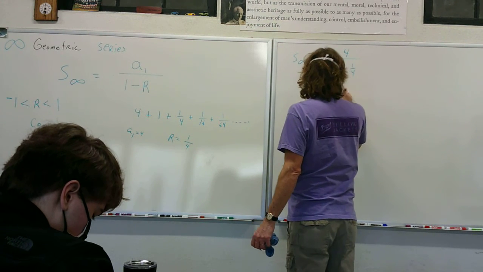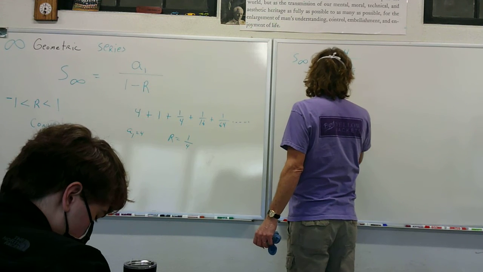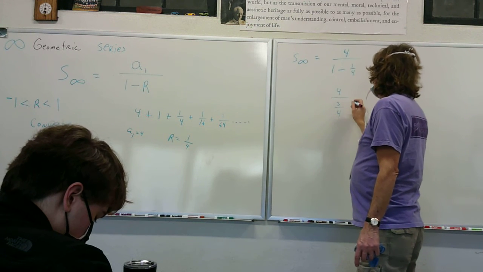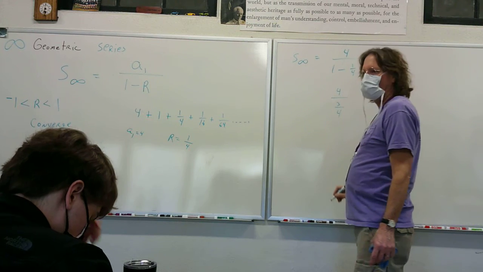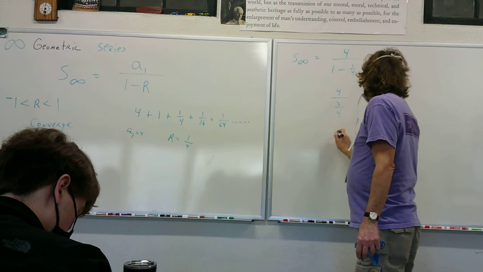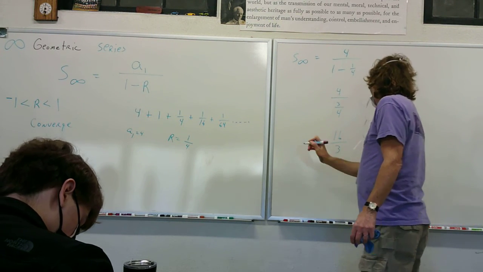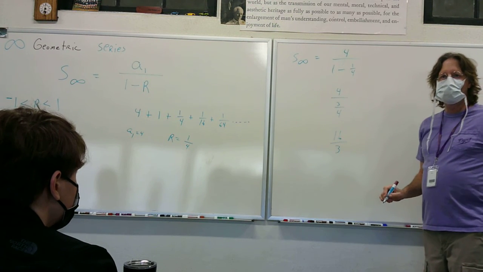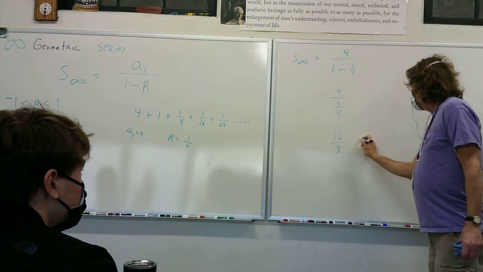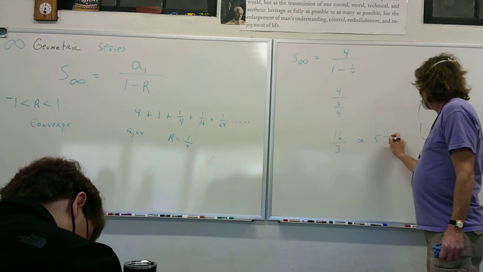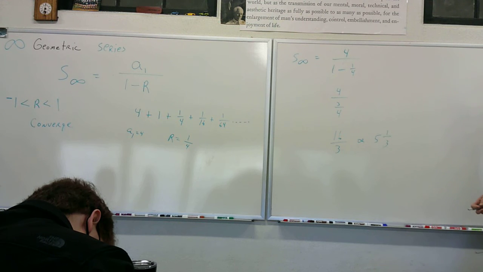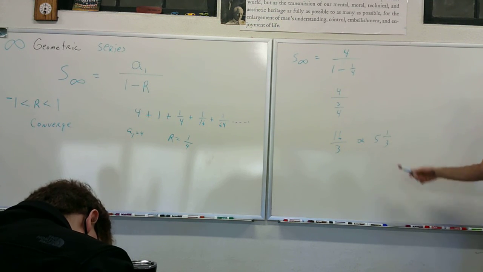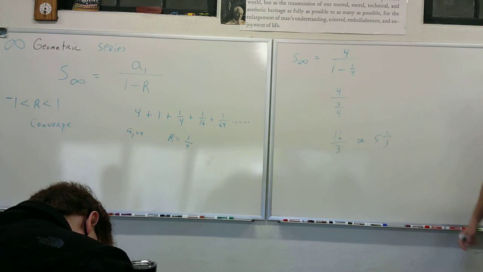So it's 4 over 3/4, and then take the reciprocal of the 3/4 and multiply by the 4, and you get 16 thirds, which is 5 and 1/3. I'd prefer for you to leave it 16 thirds, but I don't mind if you write it as a mixed number, because 5 1/3 gives you a little bit better idea of what's going on.